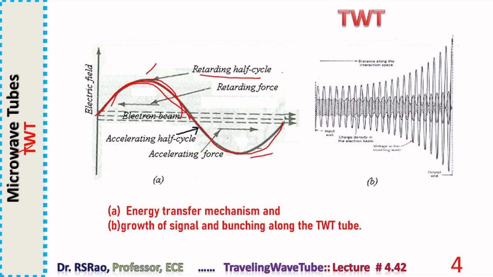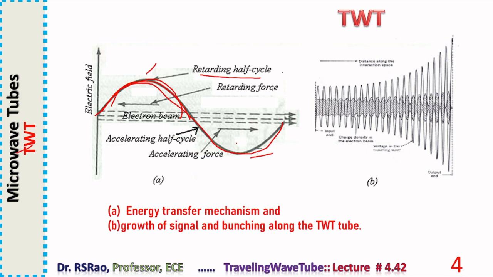When we consider the accelerating half cycle, here electrons get some acceleration, so they start moving somewhat fast. So they cross this half cycle quickly. It leads to a reduction in electron concentration in the accelerating half cycle.